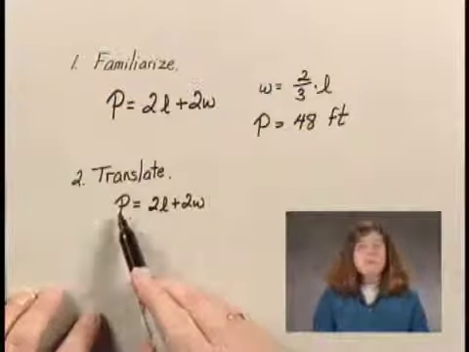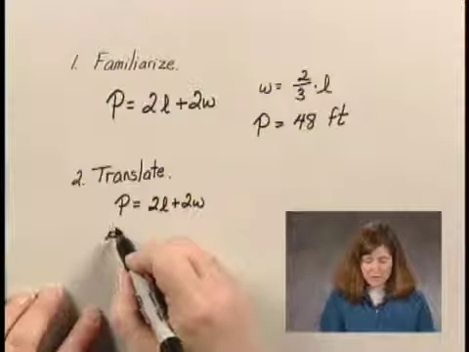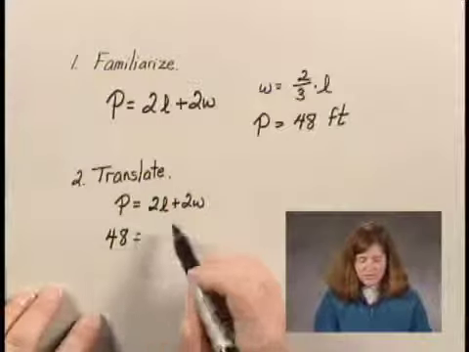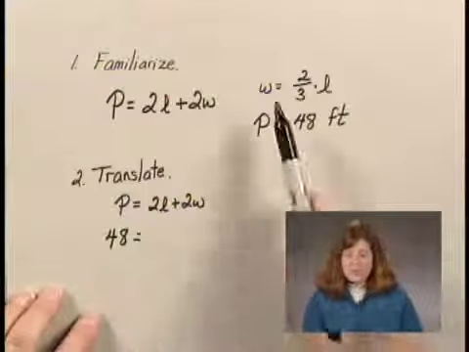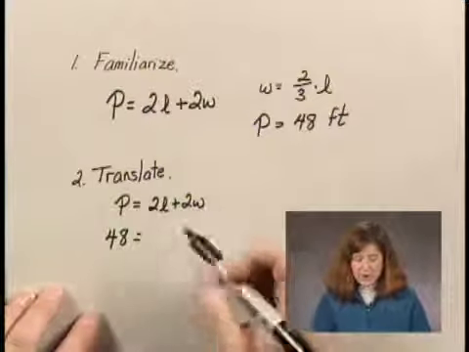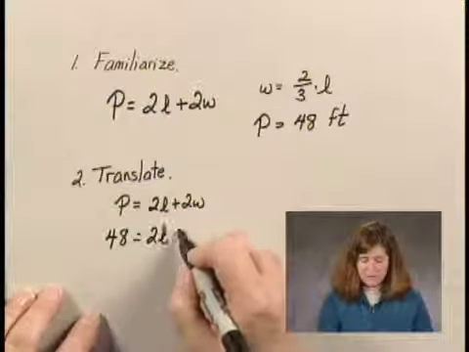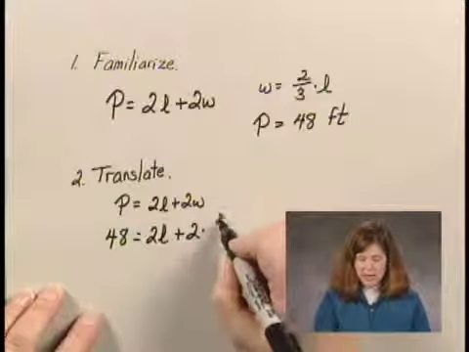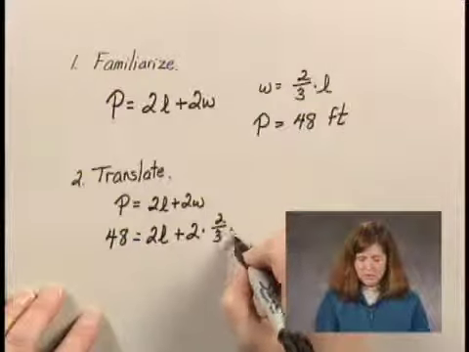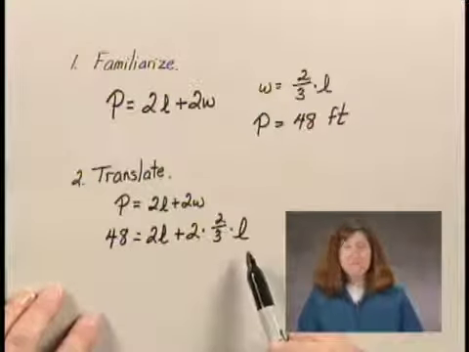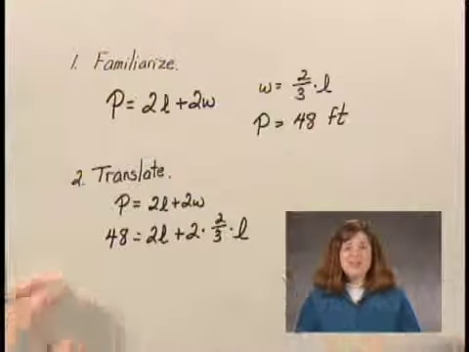We know the perimeter is 48 feet, so I can write 48 for that. And I have now two variables left, L and W. But I know that W is 2/3 of L. So where I have a W, I can write 2 times 2/3 times L. And now I have an equation with one variable that I know how to solve.